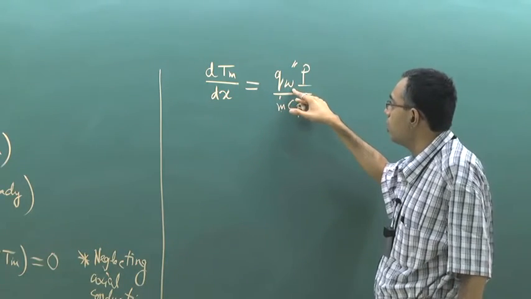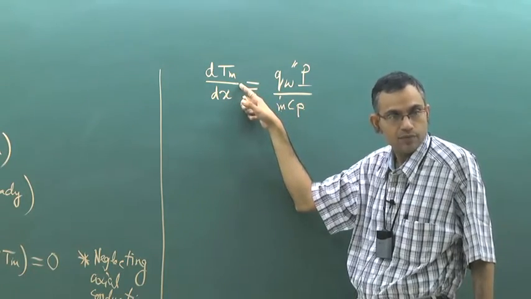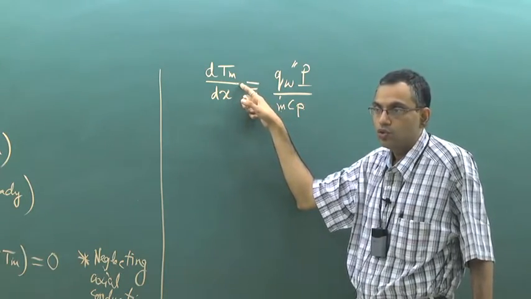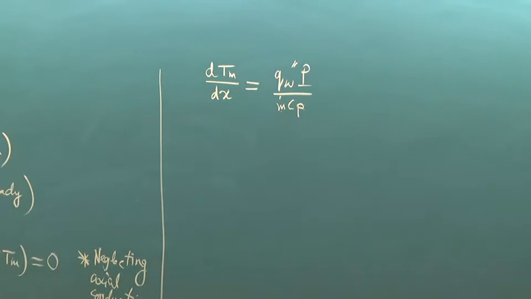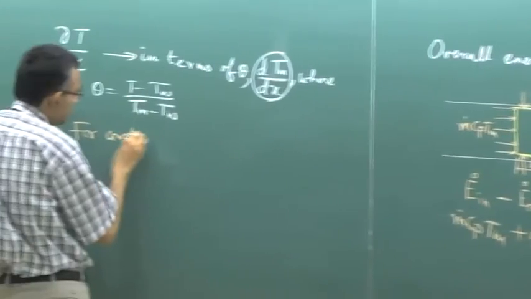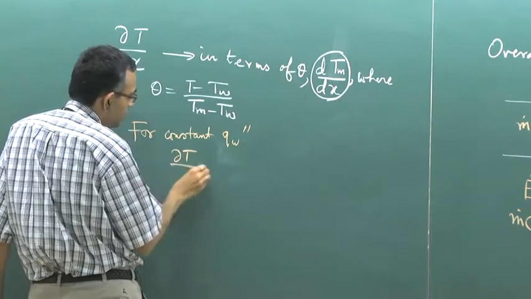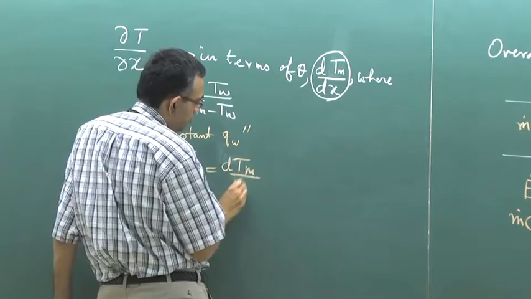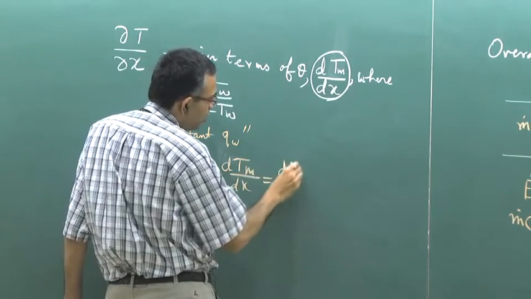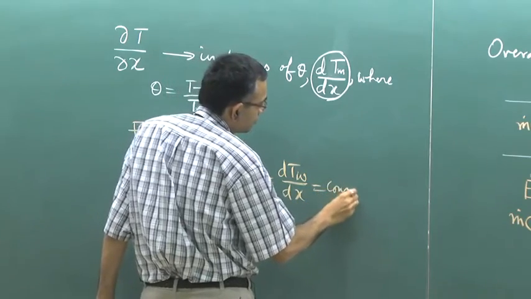So if the wall heat flux is constant, then dTm dx is constant. We had earlier shown that for constant wall heat flux, del T del x is equal to dTm dx is equal to dTw dx is equal to constant.